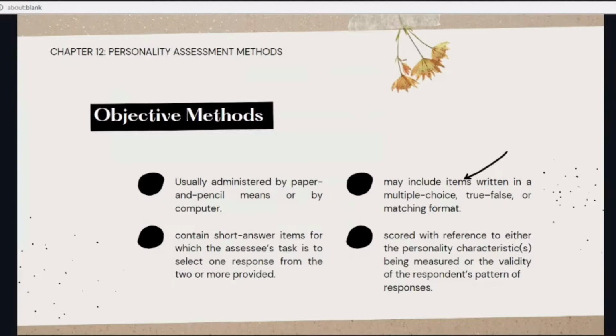Unlike the objective ability test, which is scored by determining if the answers of the test taker are correct or incorrect, the objective personality test is scored with reference to either the personality characteristics being measured or the validity of the respondent's pattern of responses.